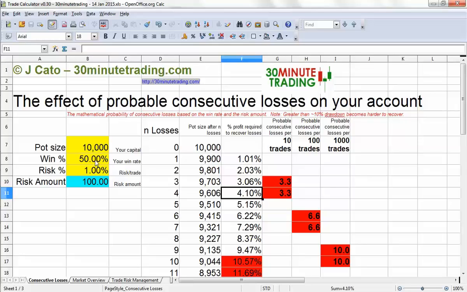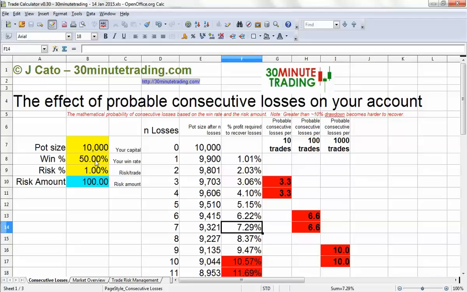And while I'm explaining this, look at the probable consecutive losses on 100 trades. If you're a trader, you're going to do 100 trades, and therefore you're going to experience that. You're going to get 7 wrong in a row, and if you get 7 wrong in a row, you've got to make 7.29% to get back.